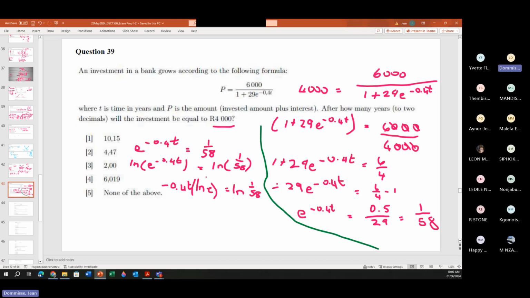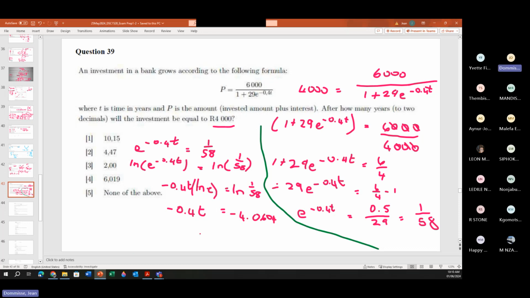Log of e is actually 1, so on the left-hand side we sit with 0.4t times 1, and that equals log 1/58. So let's already get what that answer is, which is minus 4.0604.